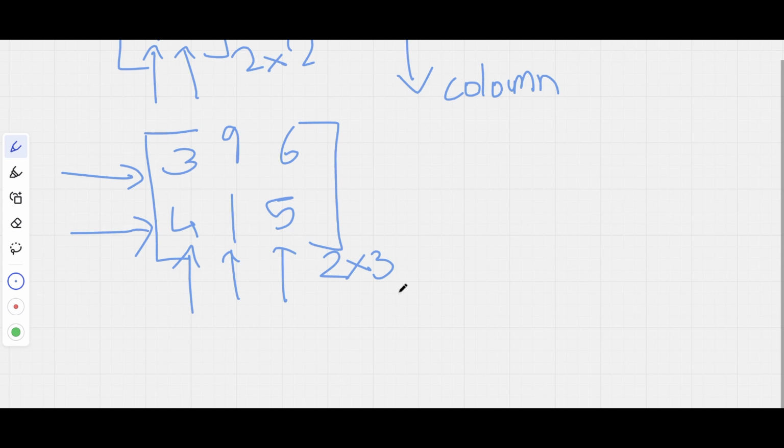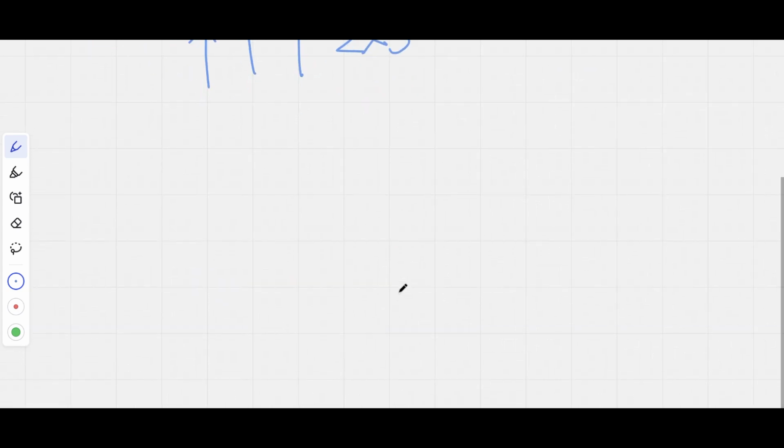So there are many types of matrices. Let us discuss them one by one. First one, row matrix. A row matrix is a matrix which is having only one row and any number of columns. Let us say this is 2, 3.